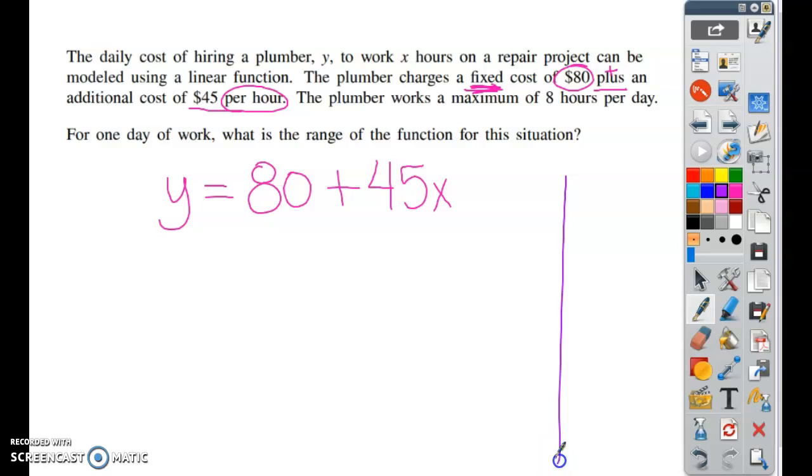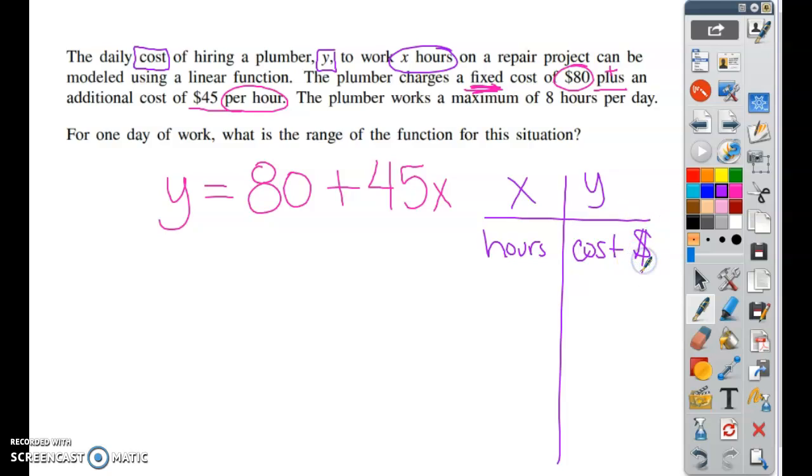Now, they told me that x is the number of hours and y is the cost, which is money. Okay? Then, if I keep reading, it says that the plumber works a maximum of 8 hours per day.